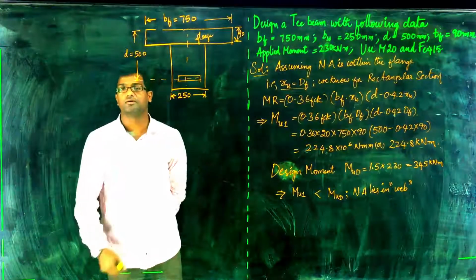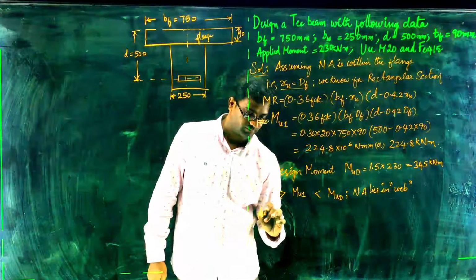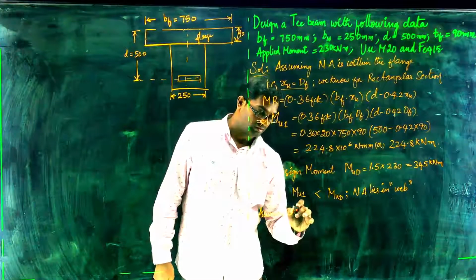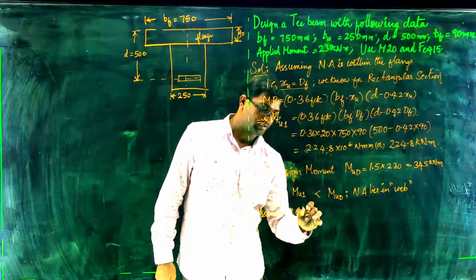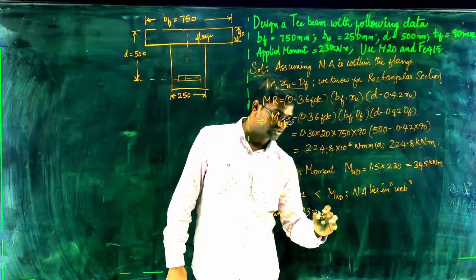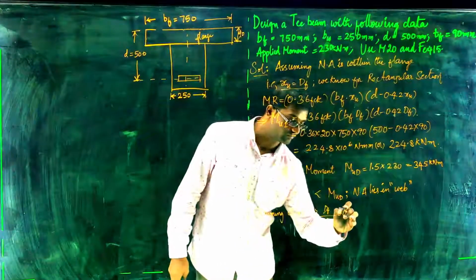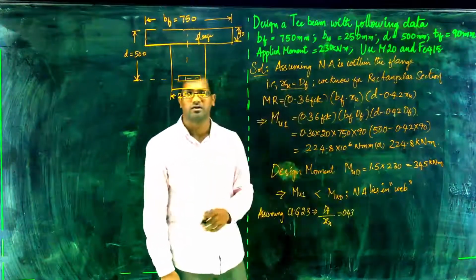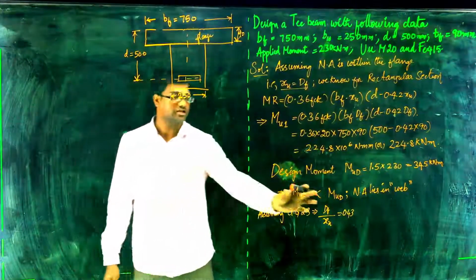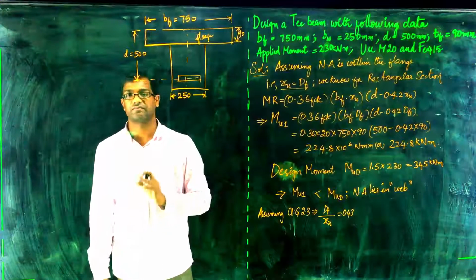So we will assume clause number G.2.3, as your depth of flange by XU is not greater than 0.43. That is one of the clauses, and we have to take this case. If it is less, then we have to design the beam as discussed in the previous problem.